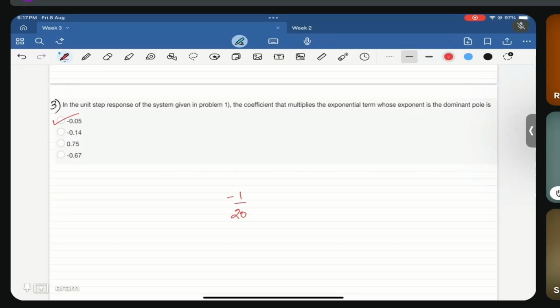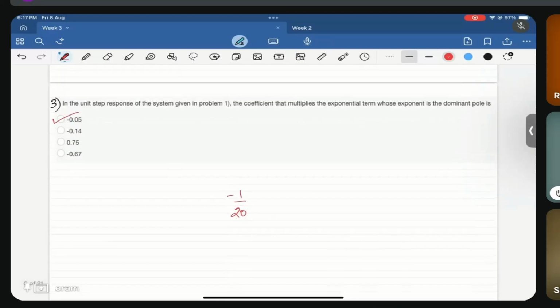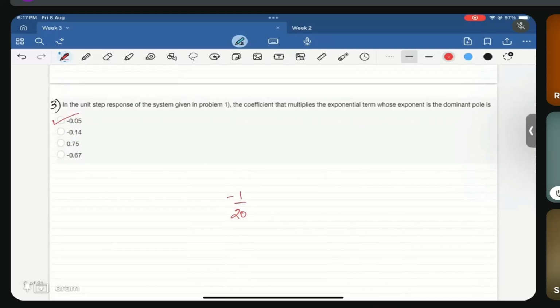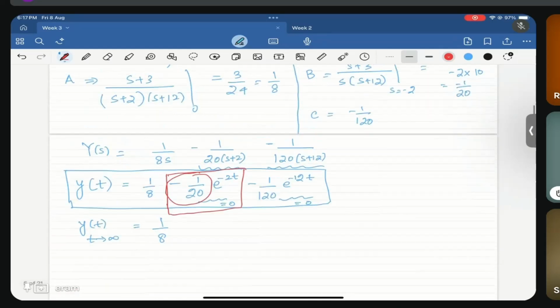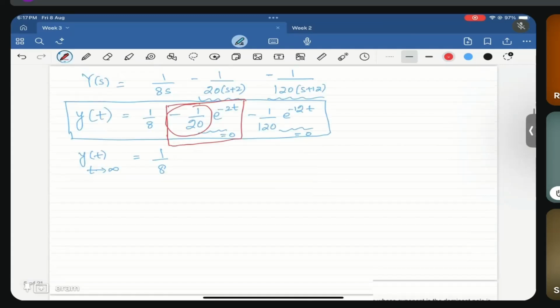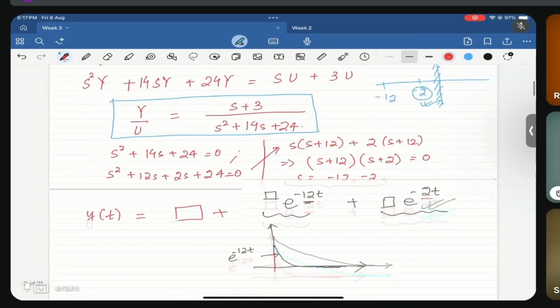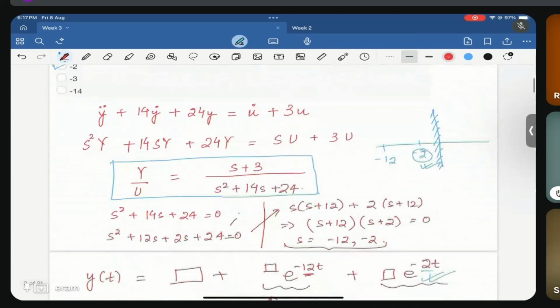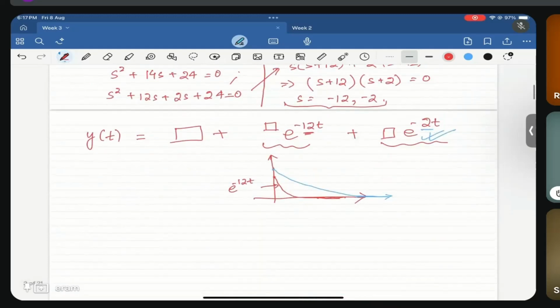So any problem? Anyone? Ma'am, for coefficient C, I have got minus 3 by 40. See, you have to find the coefficient that multiplies the exponential term whose exponent is the dominant pole.